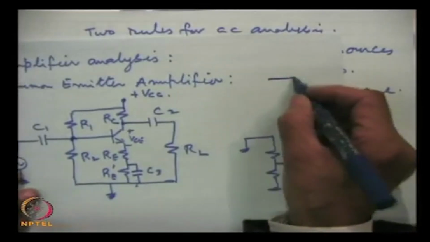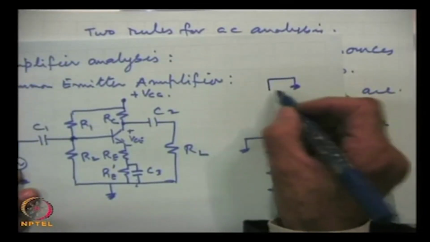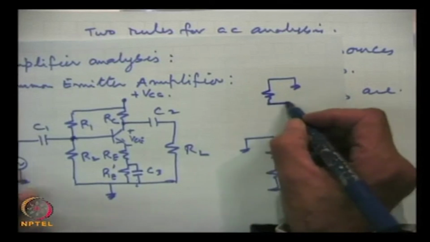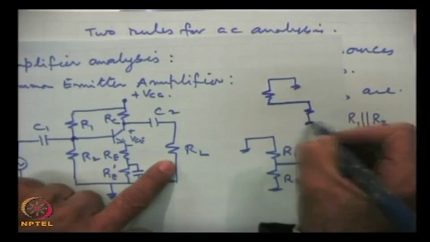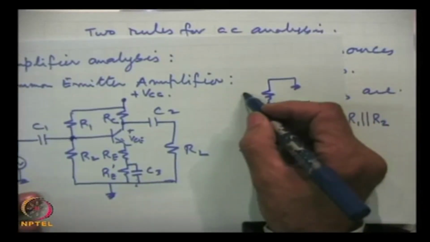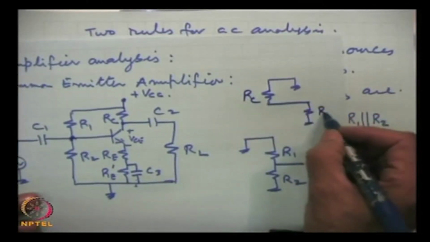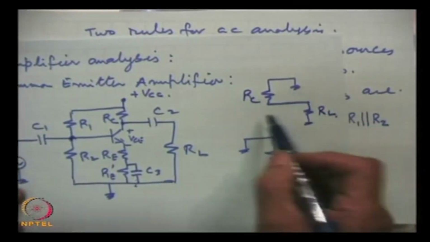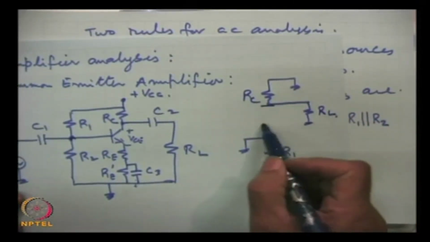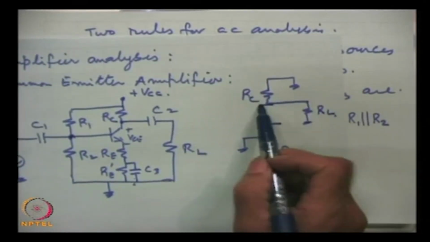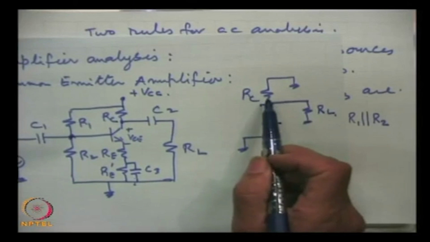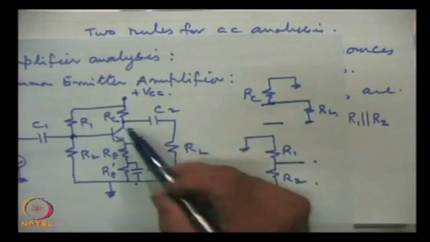Similarly, on the output side, when this terminal is grounded, this is RC, and this capacitor is grounded, and this is RL. So, RC and RL, as seen between these two points here and here, will be in parallel. This parallel combination is the impedance which is seen by the collector.